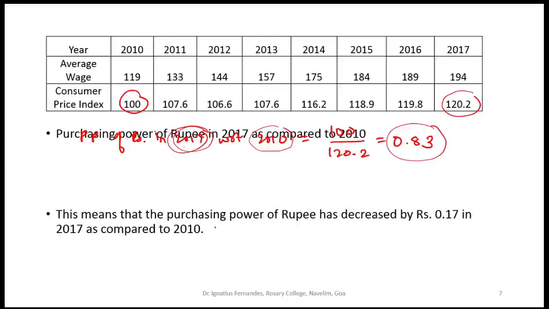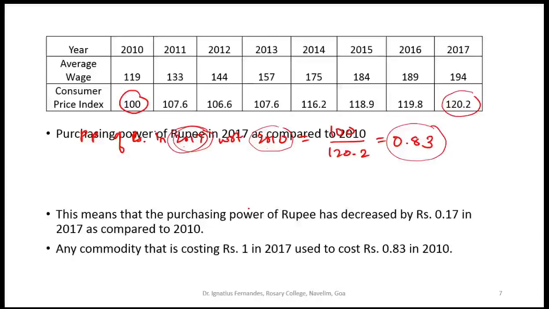So we can say that the purchasing power of rupee has decreased by rupees 0.17 in 2017 as compared to 2010. In other words, any commodity that is costing rupees 1 in 2017 used to cost us rupees 0.83 in 2010. So in a way you can say that the cost has increased by 17 paise in 2017 as compared to 2010.